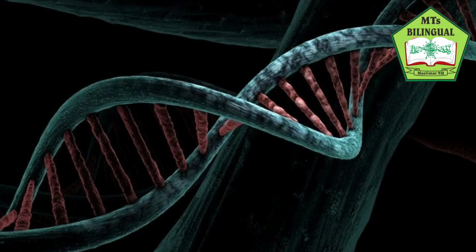DNA contains the genetic information or code that determines the development and functioning of all known living things. The helix shape is a very efficient way to store a long molecule like DNA in the limited space of a cell.